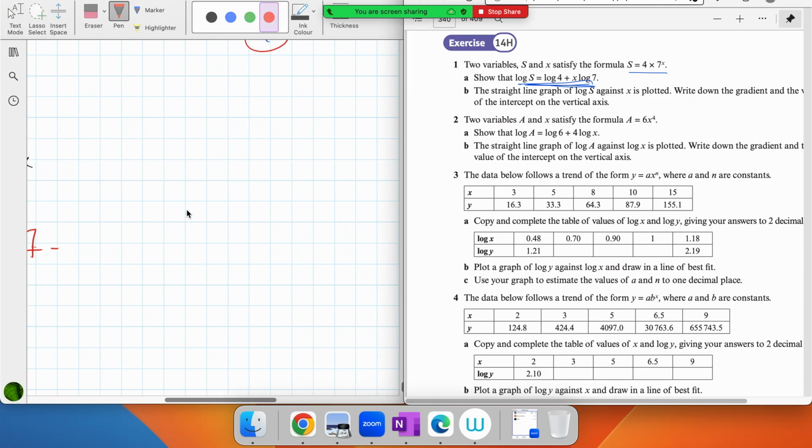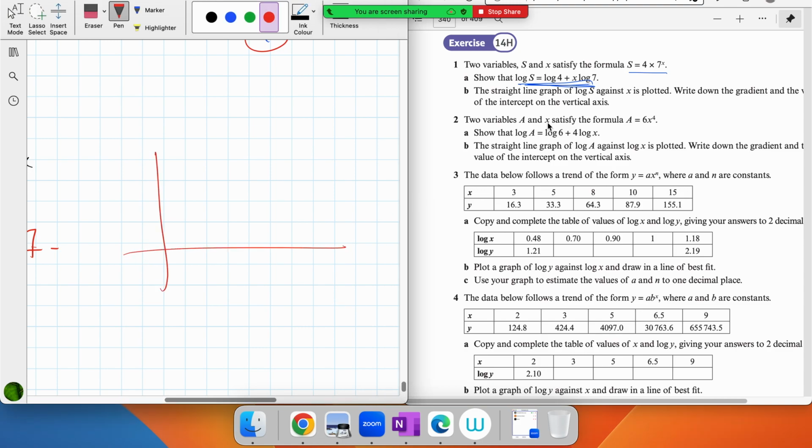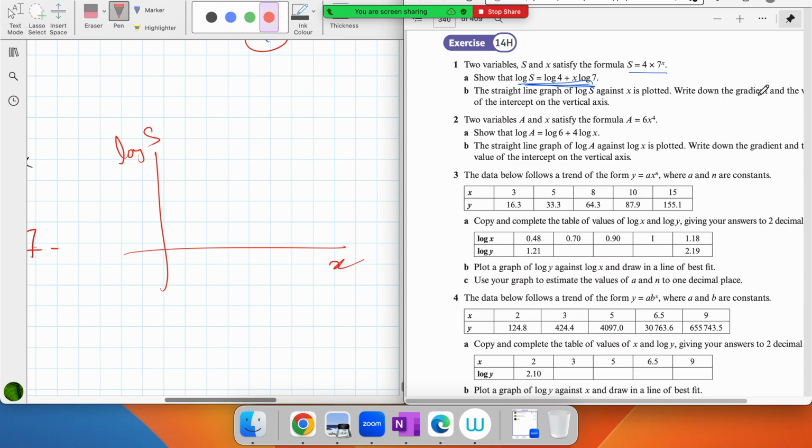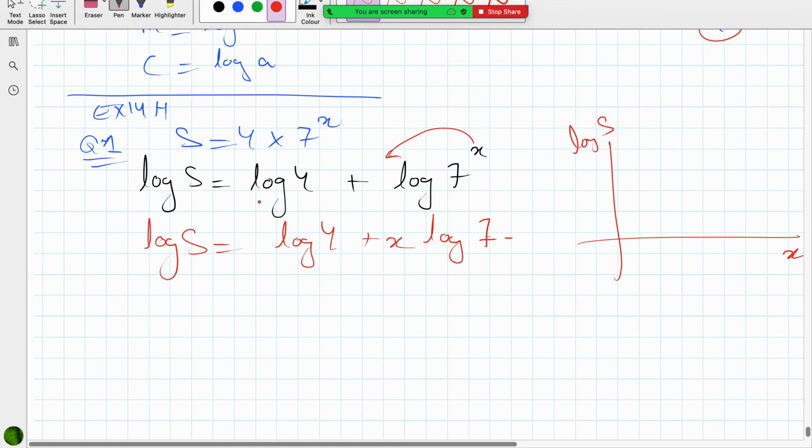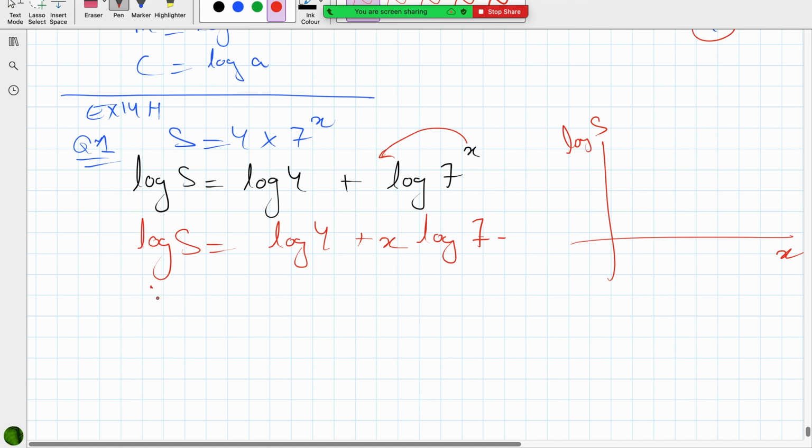Then it says the straight line graph of log of s against x is plotted. Write down the gradient and the value of the intercept. So if we look at our equation, I know y is equal to mx plus c.